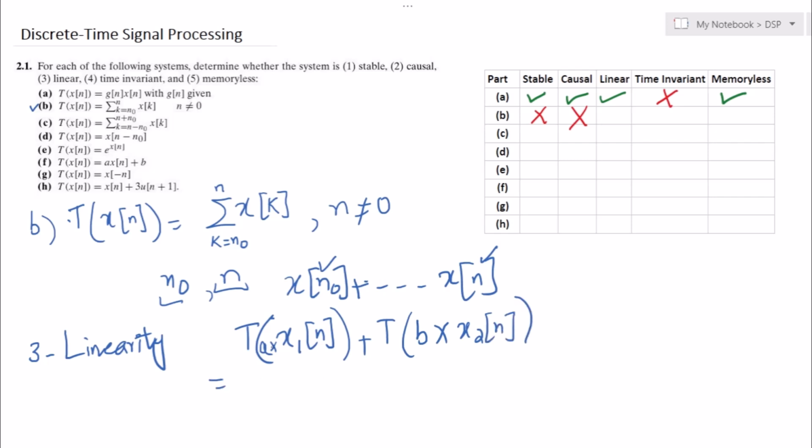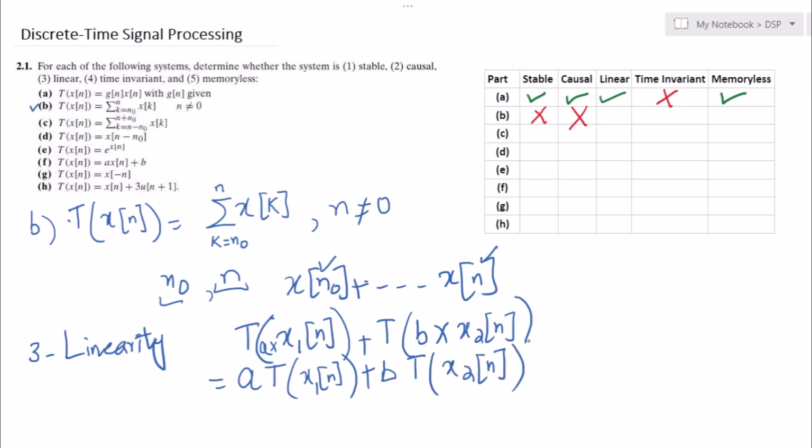When these are added, we will have a times T of x1 of n plus b, the multiplicative factor, times T of x2 of n.